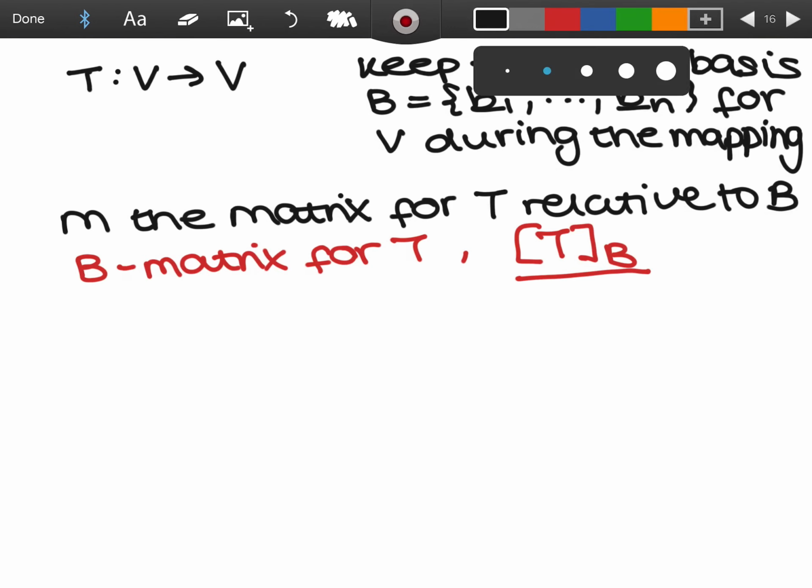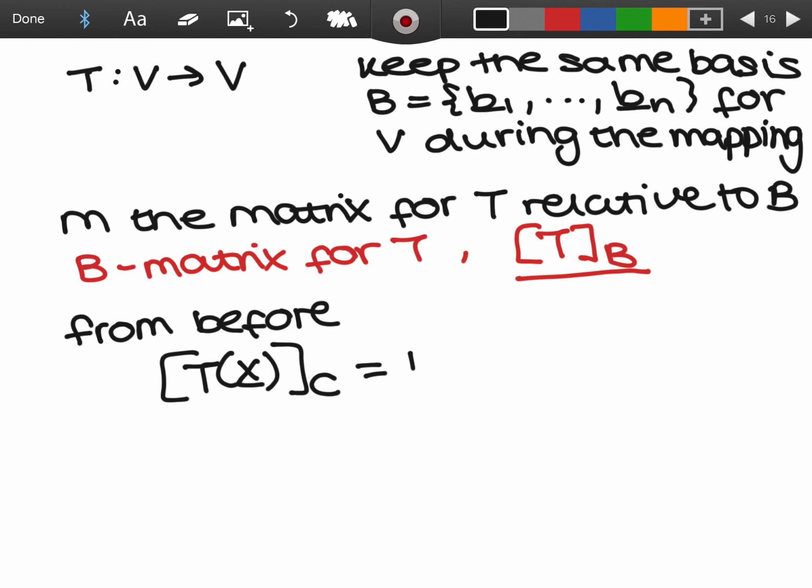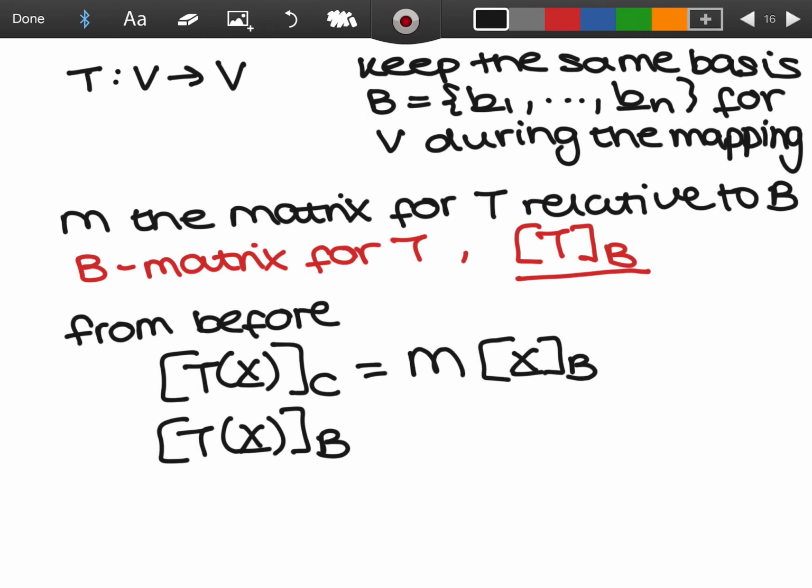Going back to that formula we had before: T of X with respect to that basis C for W was that matrix M multiplied by the B coordinates of the vector X. But now, we again want the B coordinates of the image of X, because X is in V. We now know that T of X is also in V because we're mapping into V, and I'm keeping to the same basis.